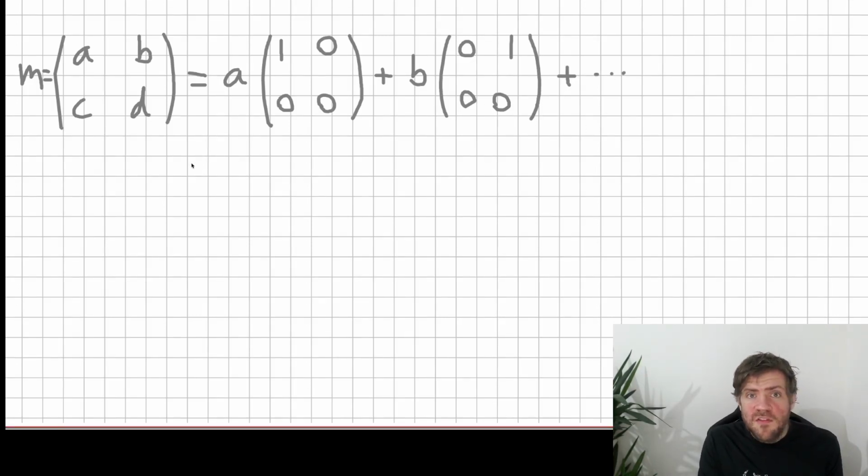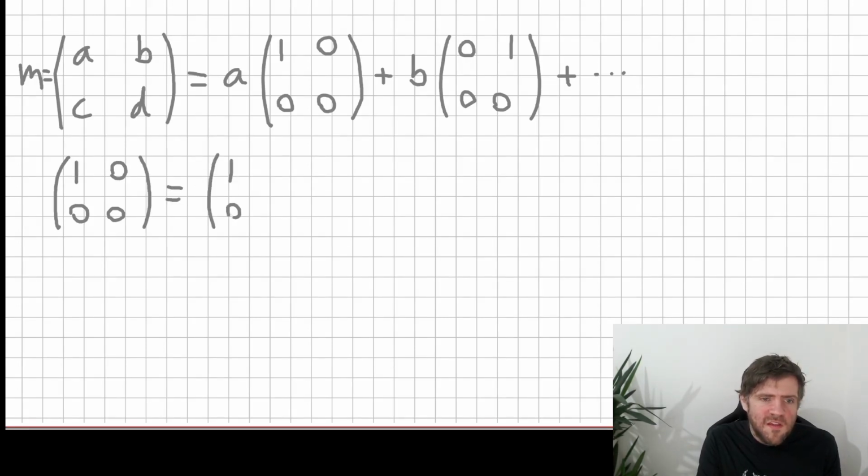But the interesting thing is that all of these can be written out as outer products, and they can also be written in terms of Paulis. So let's look at this 1, 0, 0, 0. This can be written as the outer product of this column vector and this row vector, which is the outer product of 0 with itself.